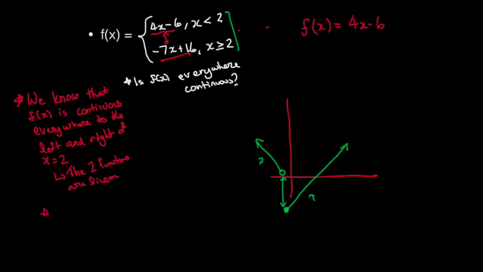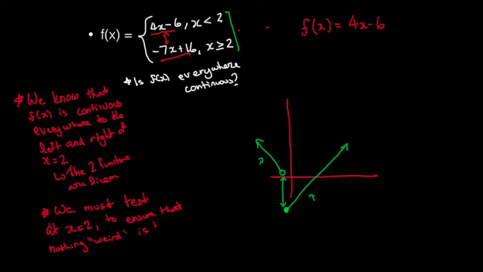So we must test at x equals 2 to ensure that nothing weird is happening there, because we switch functions on the piecewise there.